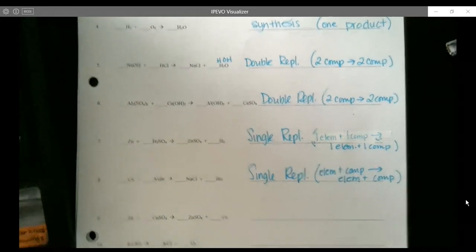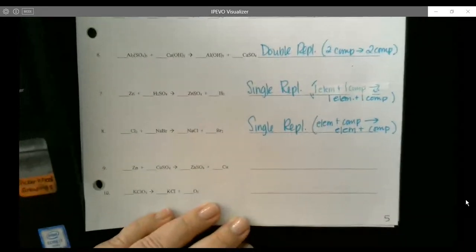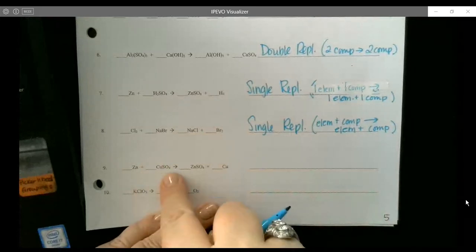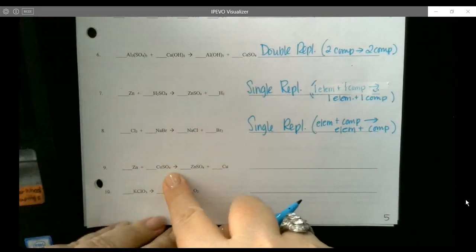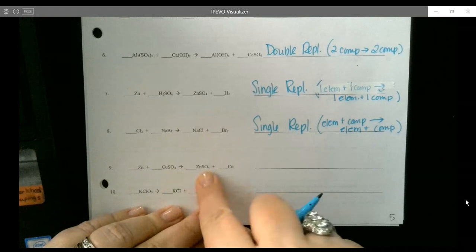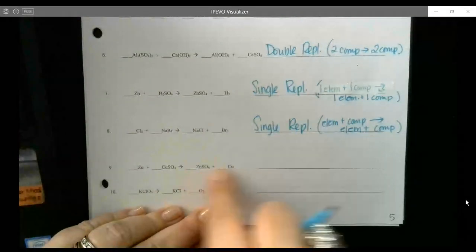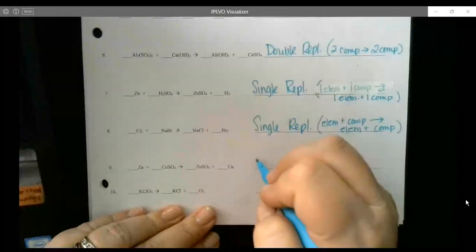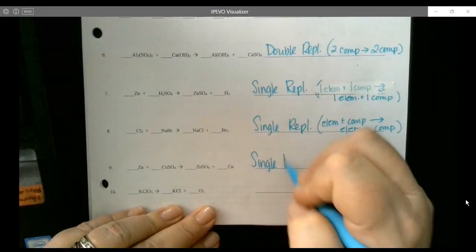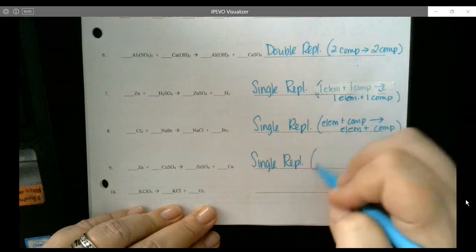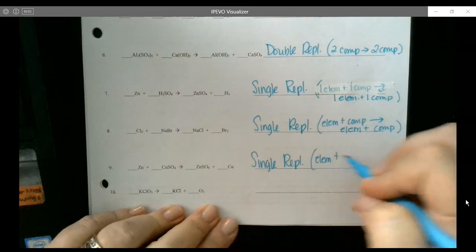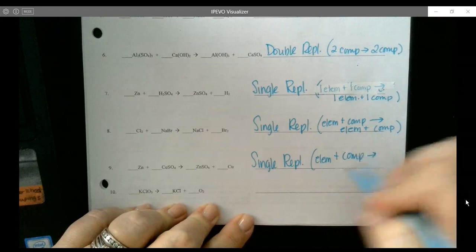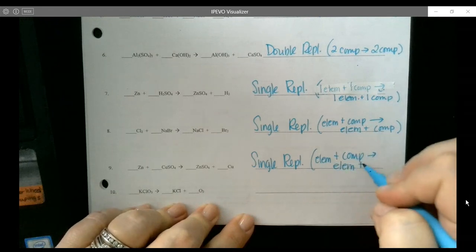When I look down to number 9, I see zinc with copper sulfate, and then zinc sulfate and copper. So zinc took the place of the copper, so that's another single replacement. So again, element plus compound yields element plus compound.